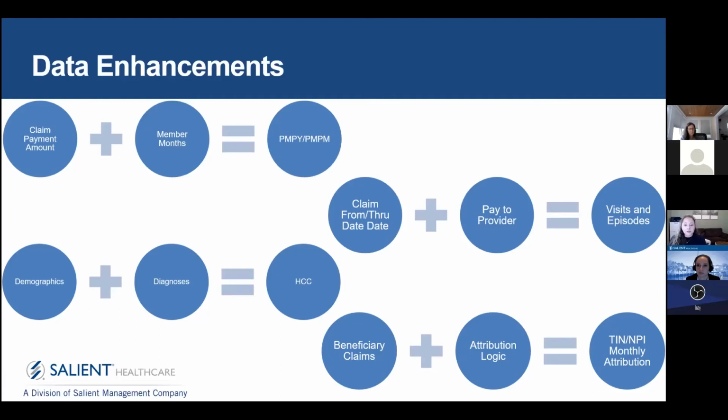And attribution. Attribution comes on a quarterly basis, but you can decipher patient attribution even so much as on a monthly basis if you're looking at the beneficiary claims and you apply CMS's two-step attribution logic. So you're able to do these things and enrich your data and actually make use of it so that you can make those decisions that you need to.